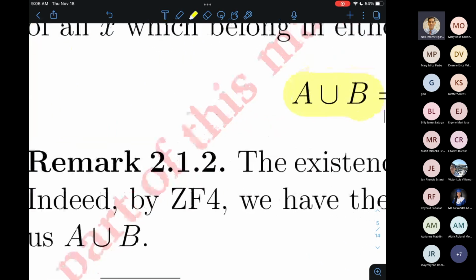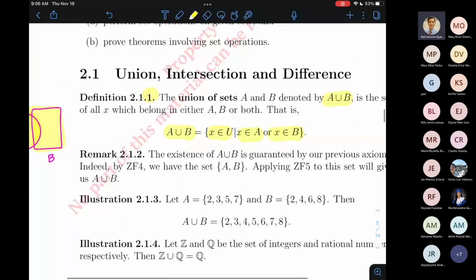Kasi ang connective dun sa definition ay OR. Ibig sabihin, kailangan ko lang maging member ng at least isa dun sa dalawang sets para maging member ng union. Okay? Kaya intuitively, madali rin siyang tandaan.